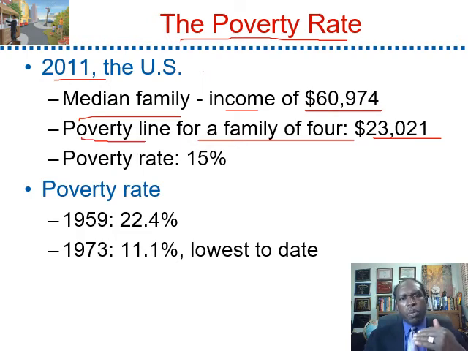The poverty rate in 2011 was 15%. The poverty rate in 1959 was 22.4%, which was the highest. And in 1973, it was 11.1%, which was the lowest.